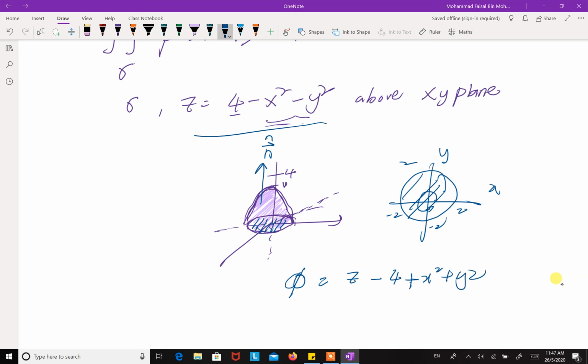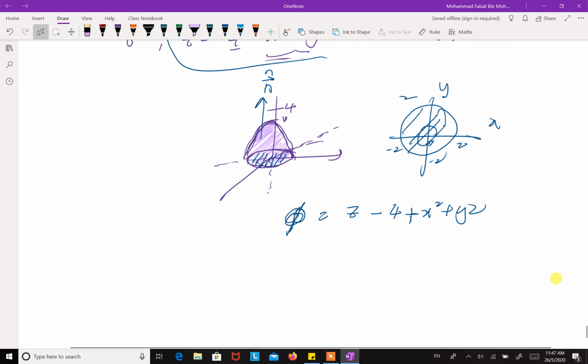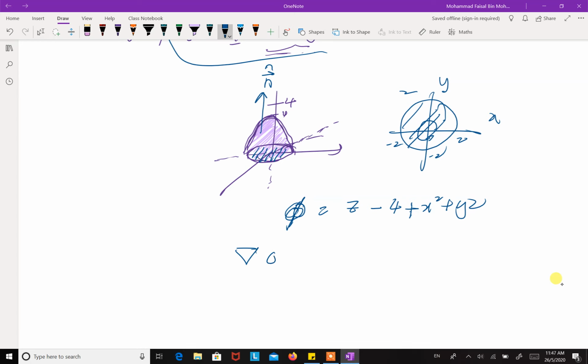So I just rearrange this function and make it equal to 0, the phi function. So the gradient phi will be 2x i plus 2y j plus k. Okay, remember the formula f_x i plus f_y j plus f_z k.